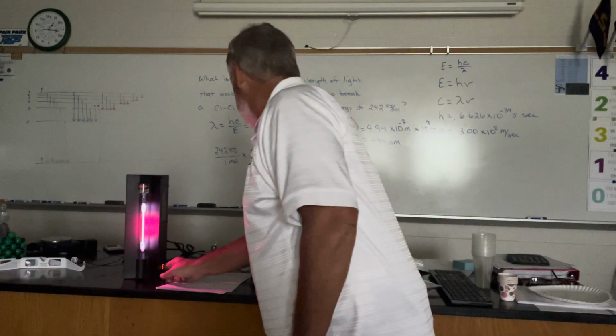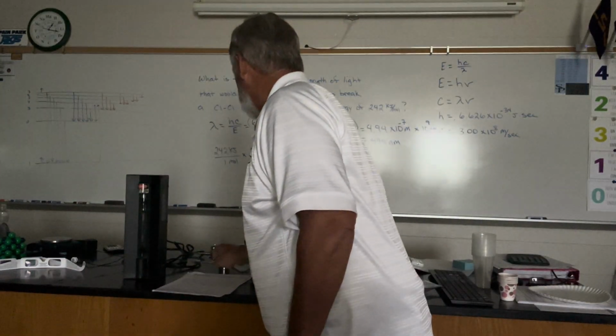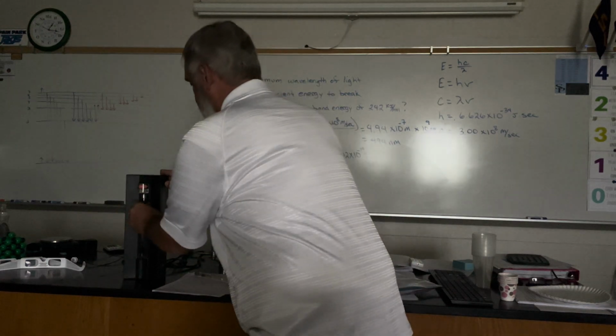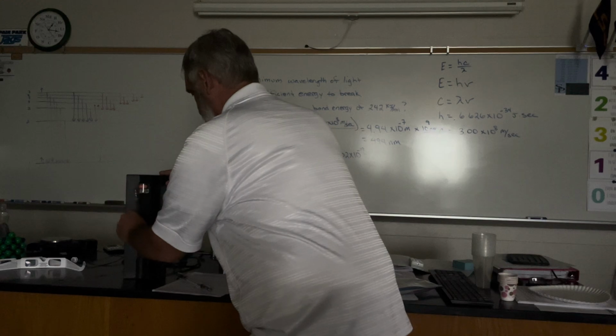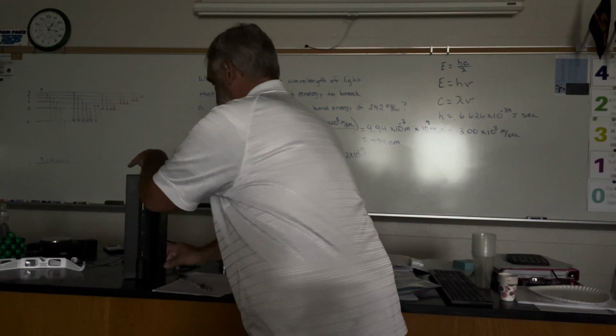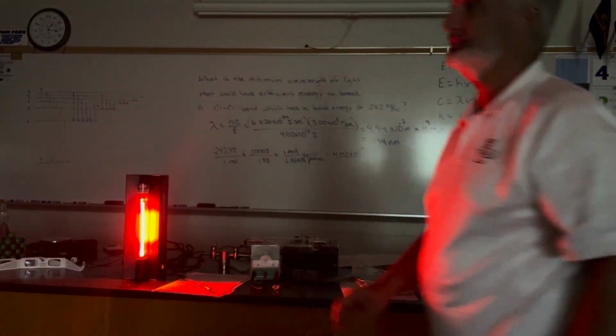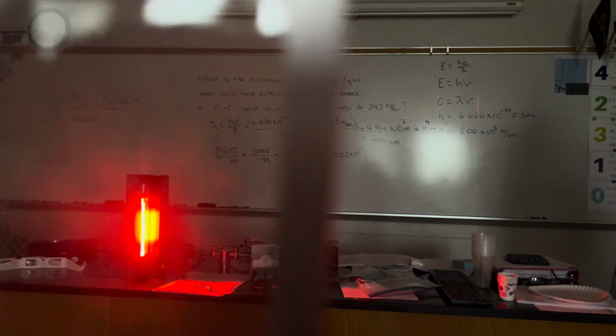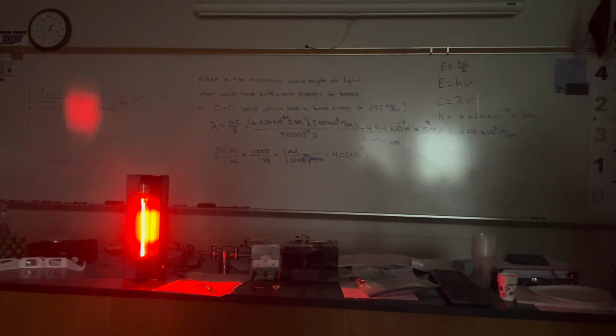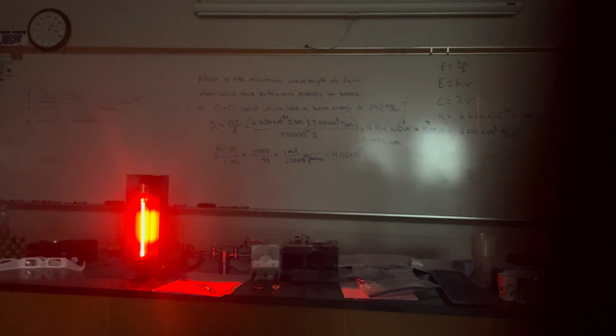Now, if I take a different element, I can't see in the dark here. This is now very hot, so don't touch it. Okay, this is neon. Again, you're seeing a whole series of lines.